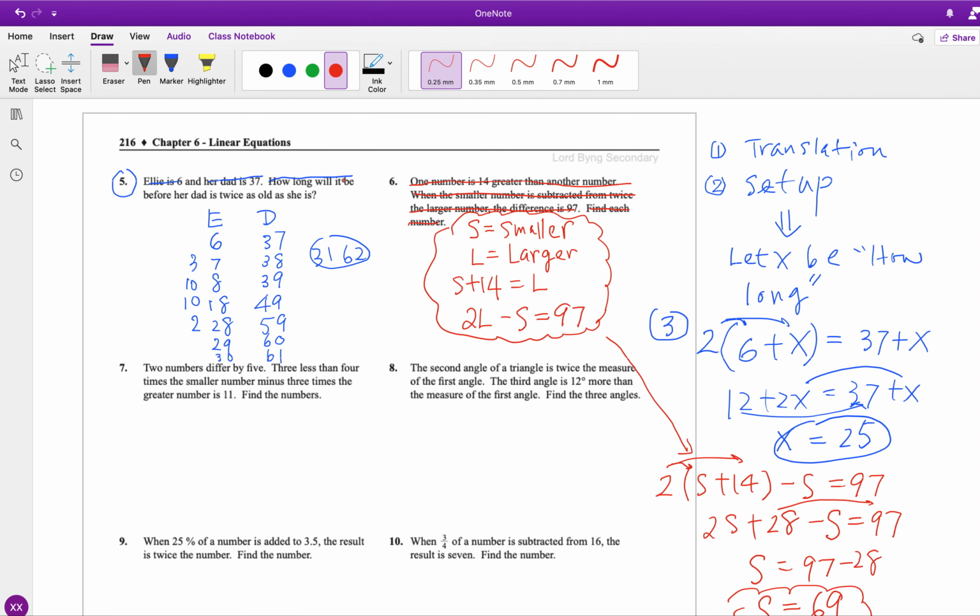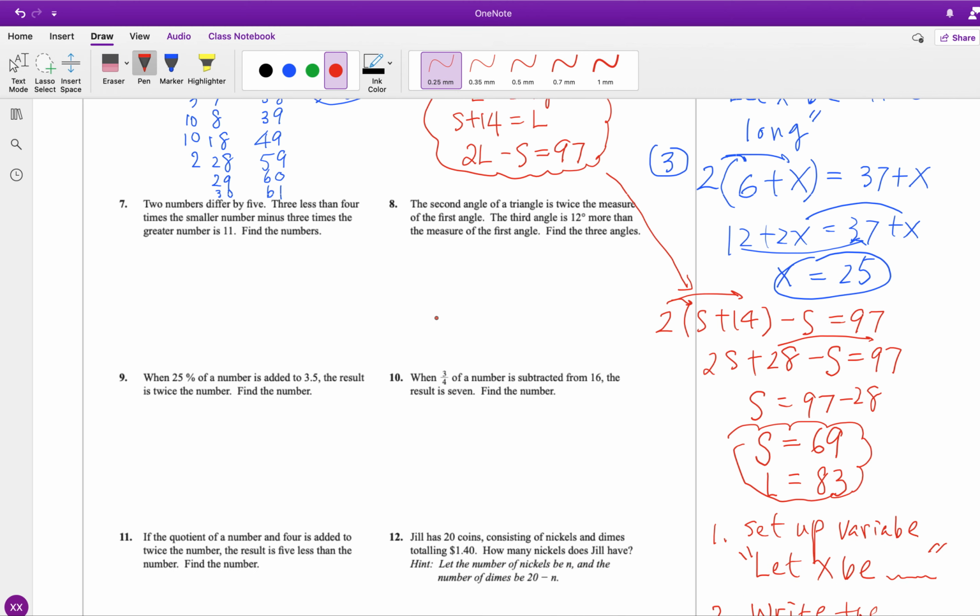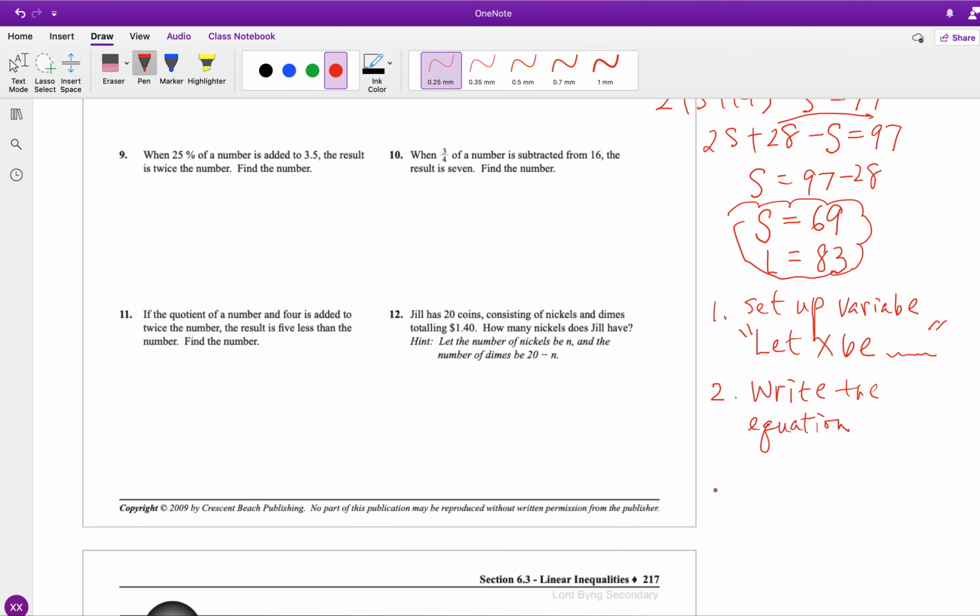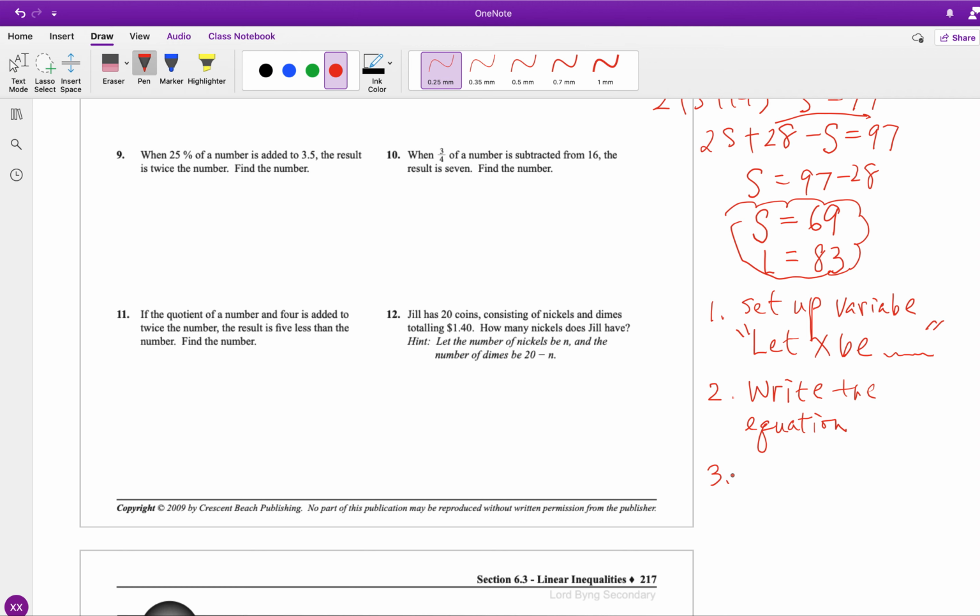How long would it be, or twice as old as she is? All these things will give you an equal sign. So then you write the equation, and the third one is to solve the equation. That means you find your answer. And the fourth one is to always use a complete sentence as a final answer. Complete sentence.